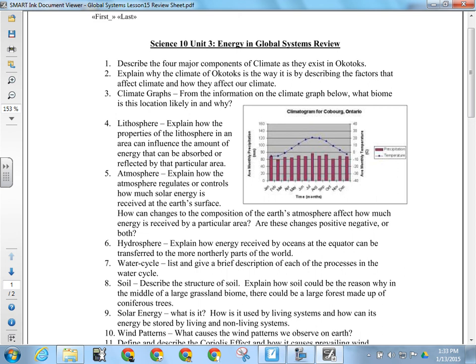And then in your written response, there are 9 written response questions. I've told you basically you've got your climatogram that you have to associate. You've got your city and the components and factors. You have global wind patterns, more stuff on global wind patterns.